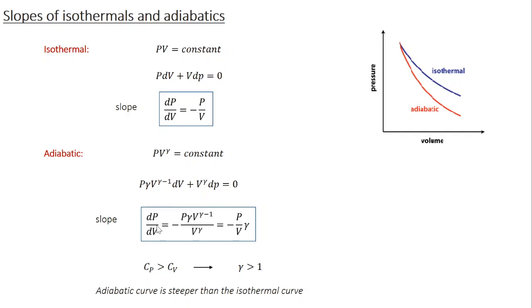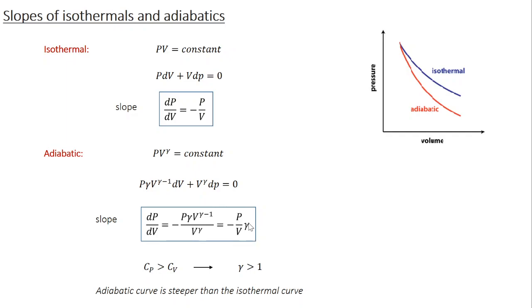So the slope dP by dV equals minus P gamma V to the power gamma minus 1 divided by V to the power gamma. You have V terms in the denominator and numerator, you can cancel these, so you are left with minus P by V into gamma. So when you multiply the slope of the isothermal graph by the factor gamma, you get the slope of the adiabatic graph.